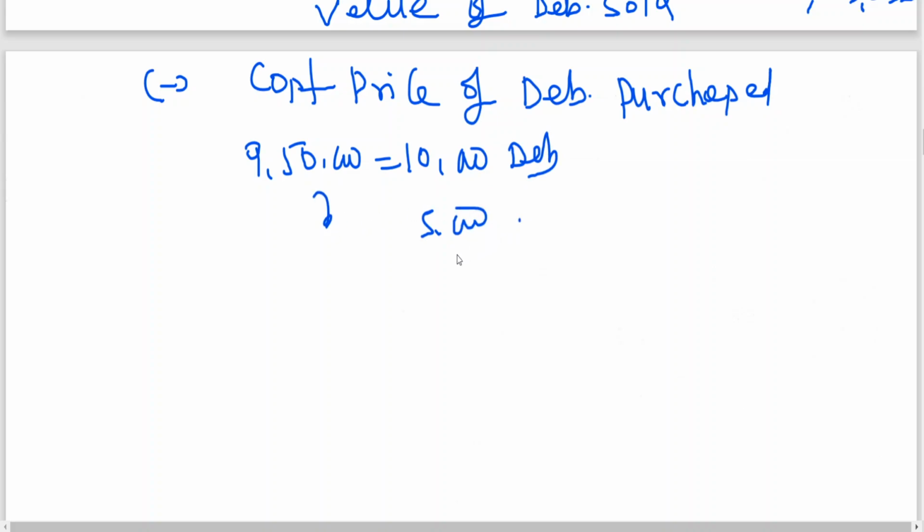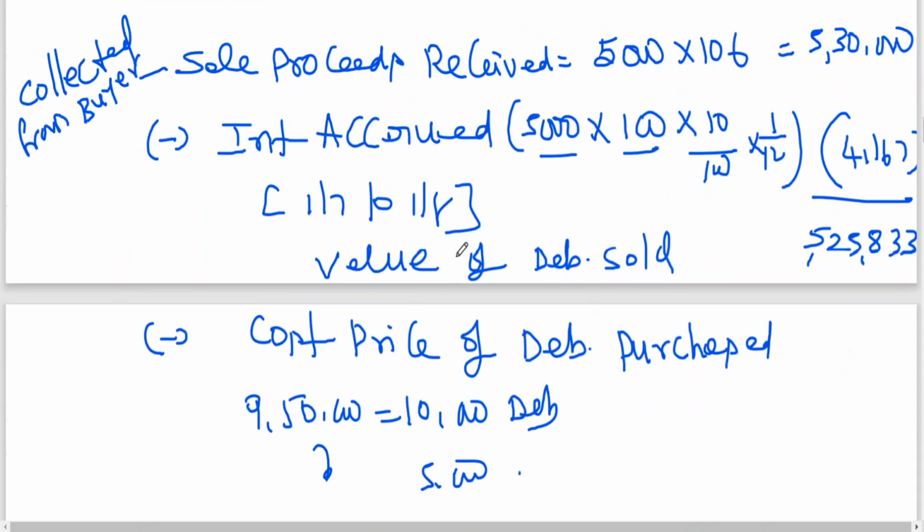For 5,000 debentures, how much? Four lakh 75,000.